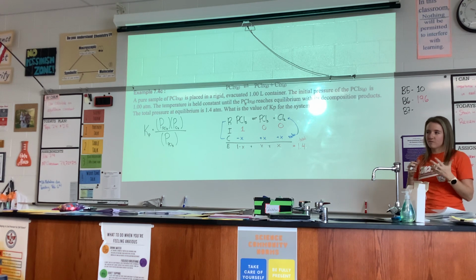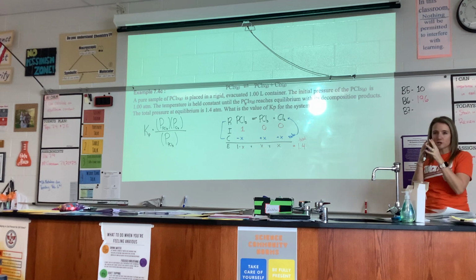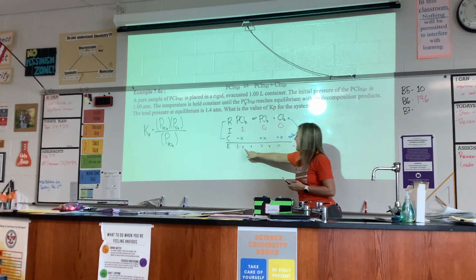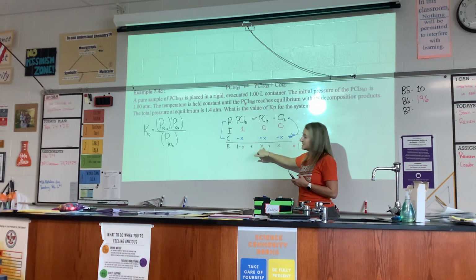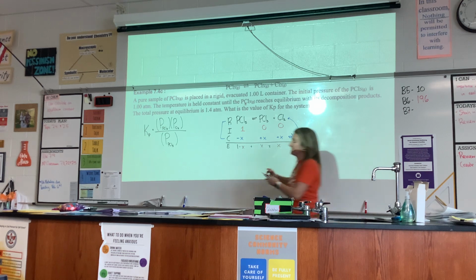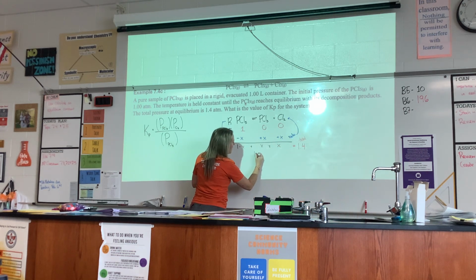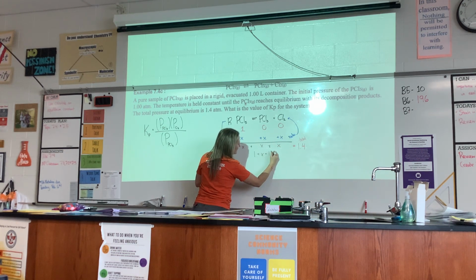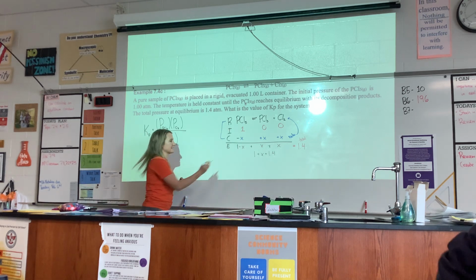There's a variety of ways you could solve this, but the best way is to combine like terms. You have a negative X plus an X, which would go away, plus an X. So this simplifies to 1 plus X equals 1.4.